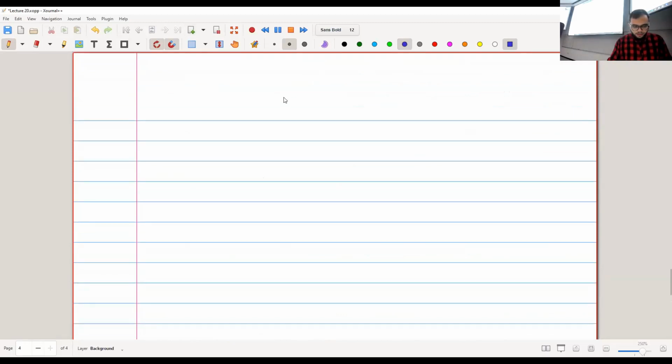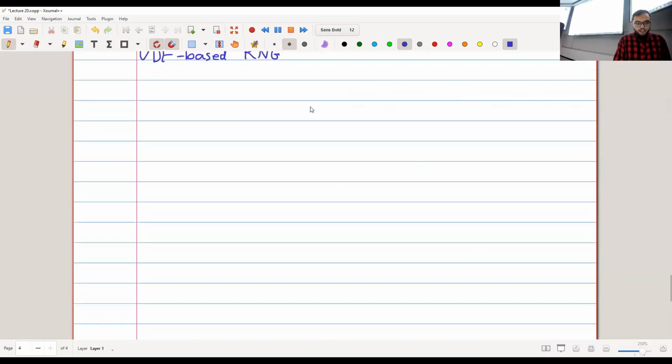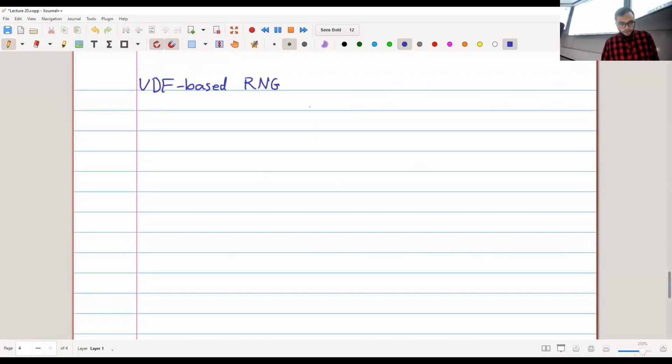So this is my protocol now. Let's call this VDF-based RNG. So verifiable delay function and random number generation. Okay. So here's what I'm going to do. In phase 1, every player i just submits R_i.